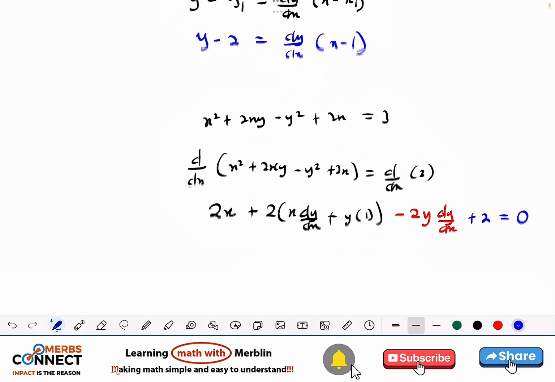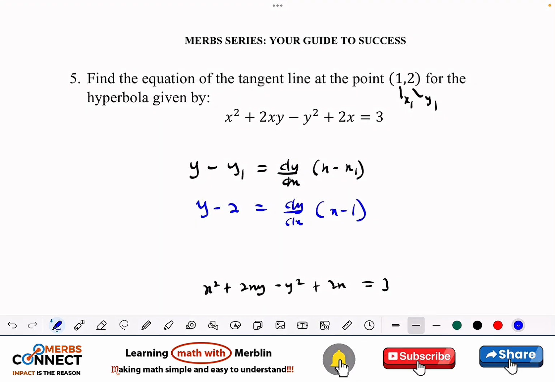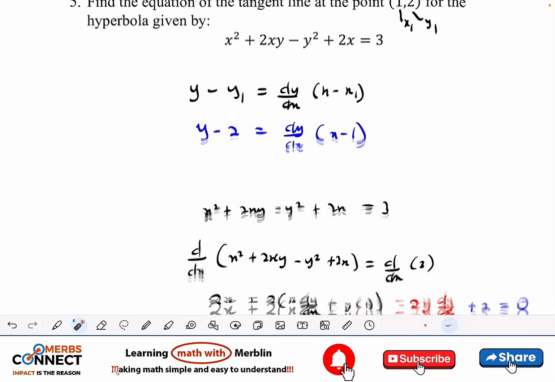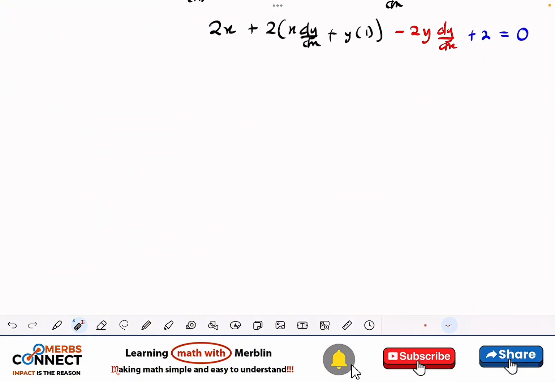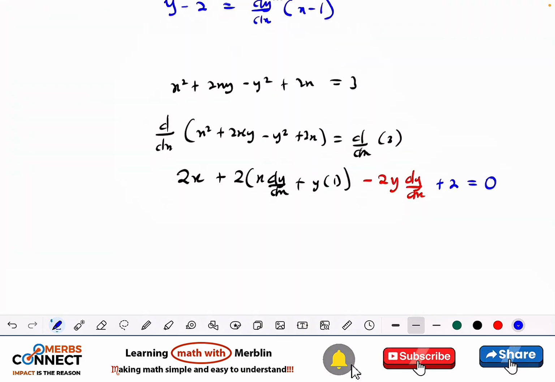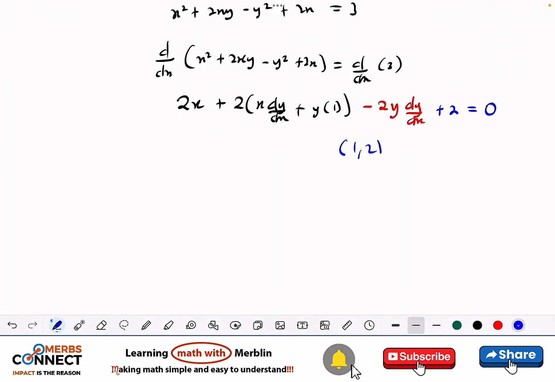Right? So as I said, anytime they give you a point, you don't need to make dy over dx the subject before you plug in the point. You can plug in the point straight so that the simplification becomes very simple. So 1 and 2 in the slope means that x is equal to 1 and y is equal to 2.